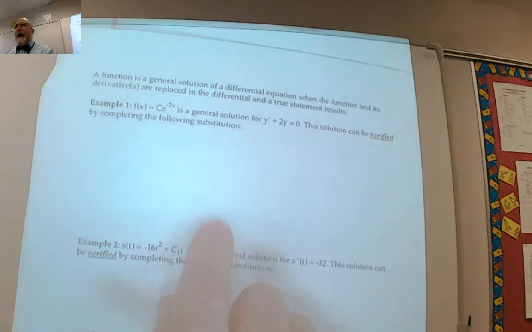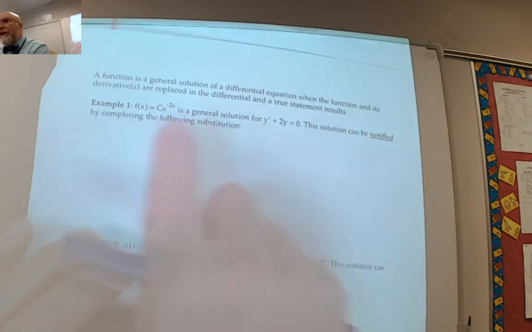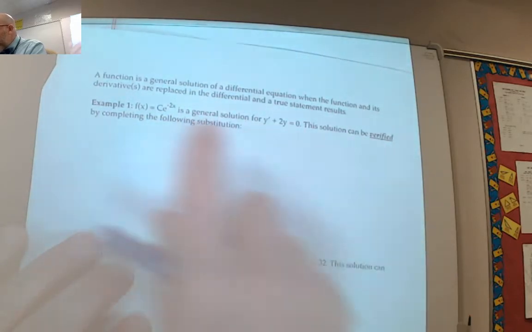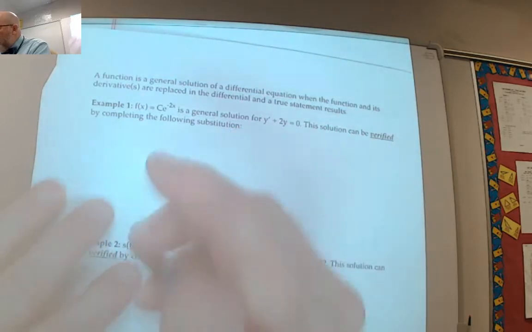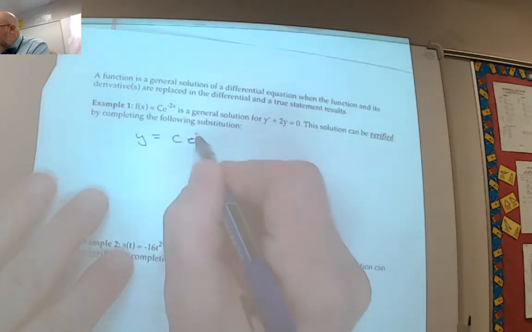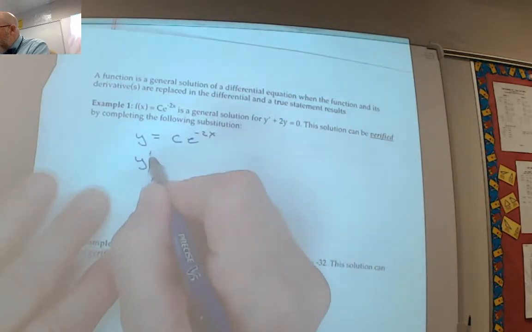So you may be asked to verify a differential equation with its general solution. How do I do that? Do that by substitution. So what I'm going to do is start out by writing down y equals c e to the negative 2x, and I'm going to figure out what y prime is.